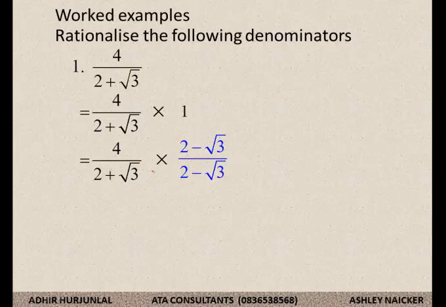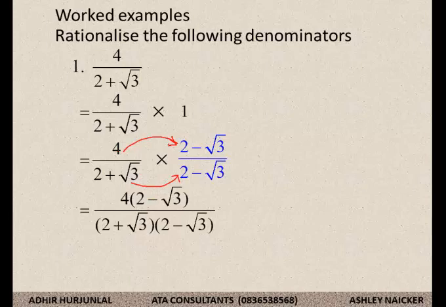The next step, guys, let's multiply out. It's 4 multiplied by that, and this multiplied by that denominator. So it's 4 times 2 minus root 3 over 2 plus root 3 multiplied by 2 minus root 3, as shown over here.